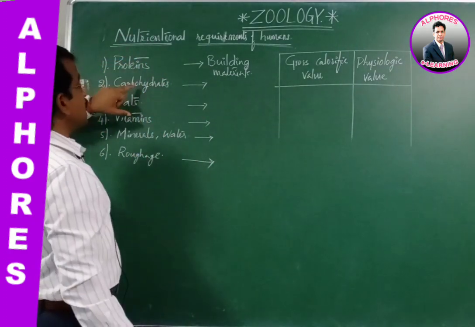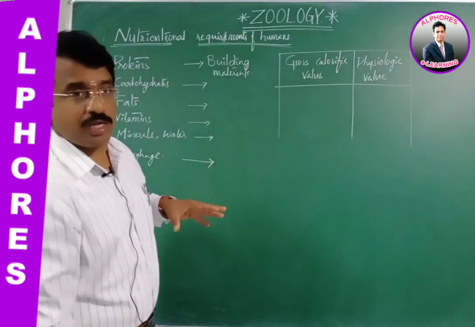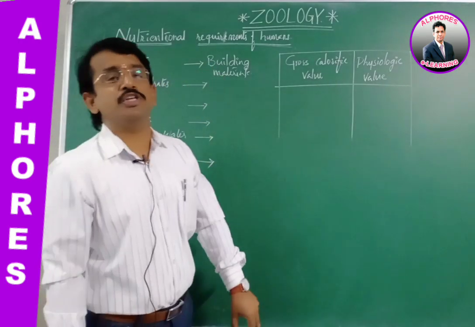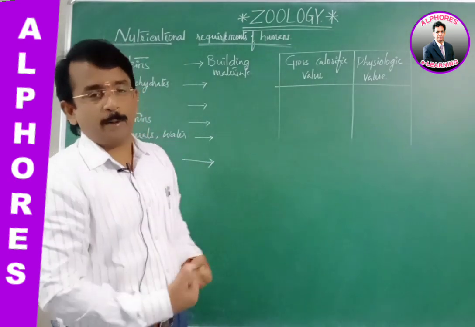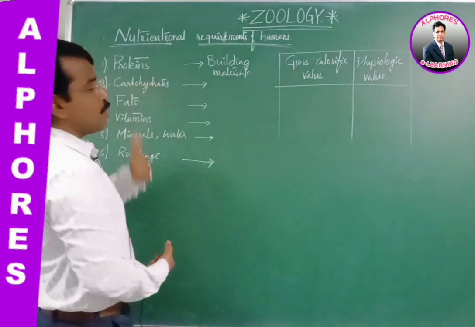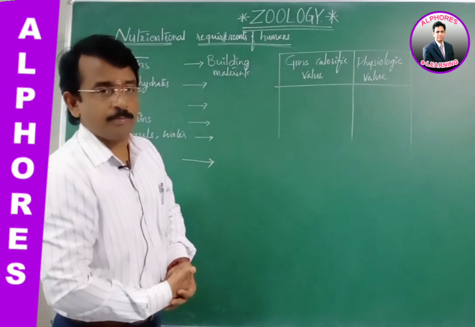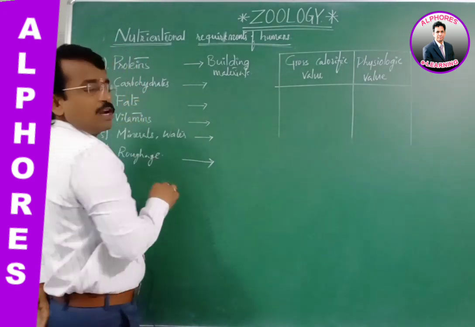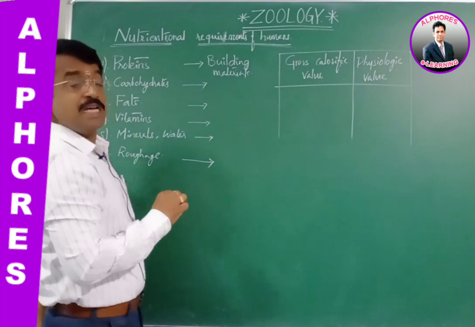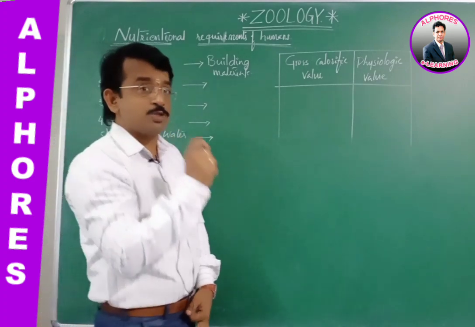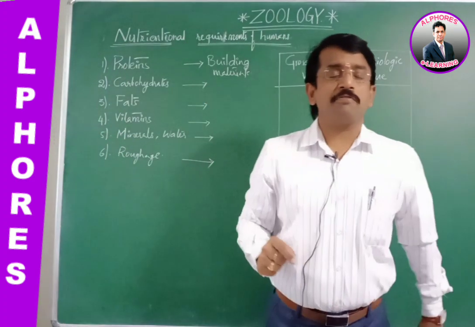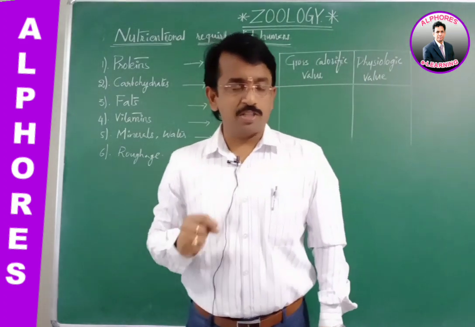However, these three are the energy sources, but proteins are the building materials which build our body. Carbohydrates are the chief energy sources. Fats are energy reserves, the reserve source of energy; the excess of fat is stored in the body as natural fat.